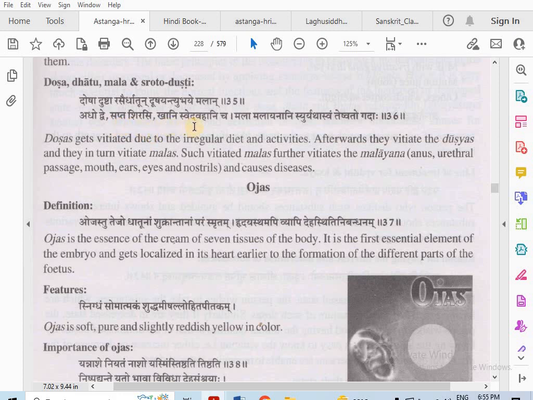Khani, Swedavahani. Now the meaning of Khani is halls, right? Seven halls of waste product that we already saw: urethral passage, anus, ears, eyes, mouth, and nostrils. Khani, as I said, is plural: kham, khe, khani. So kham you can consider as hall, and many halls of waste product. Then swedavahani.